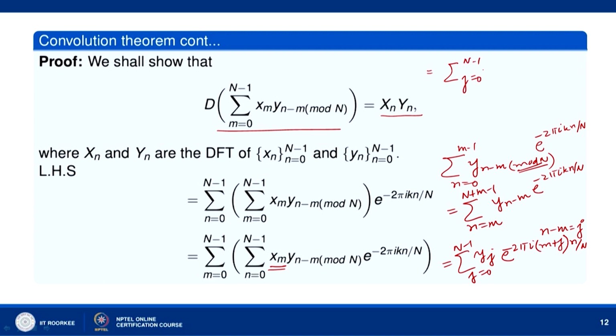Which we can write as follows: the sum over j equal to 0 to N minus 1 of y j times e to the power minus 2 pi i k j by N, multiplied by e to the power minus 2 pi i k m by N. So, this quantity e to the power minus 2 pi i k m by N will be multiplied to x m, which is outside the summation over n.